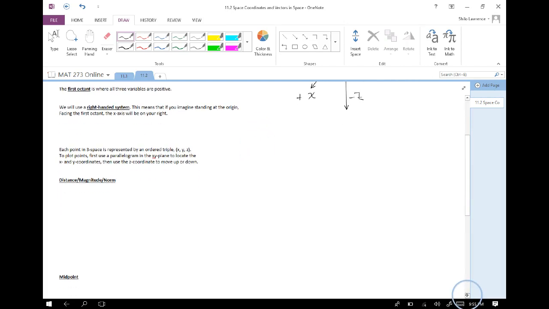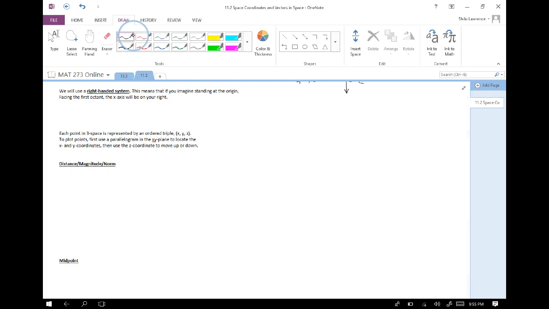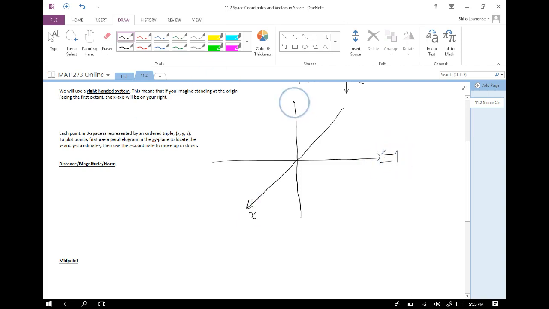So we're going to plot a couple of points really quick just to get the hang of it. So I'm going to draw a new set of axes. So x comes out at us, y goes to the right, and z is up.